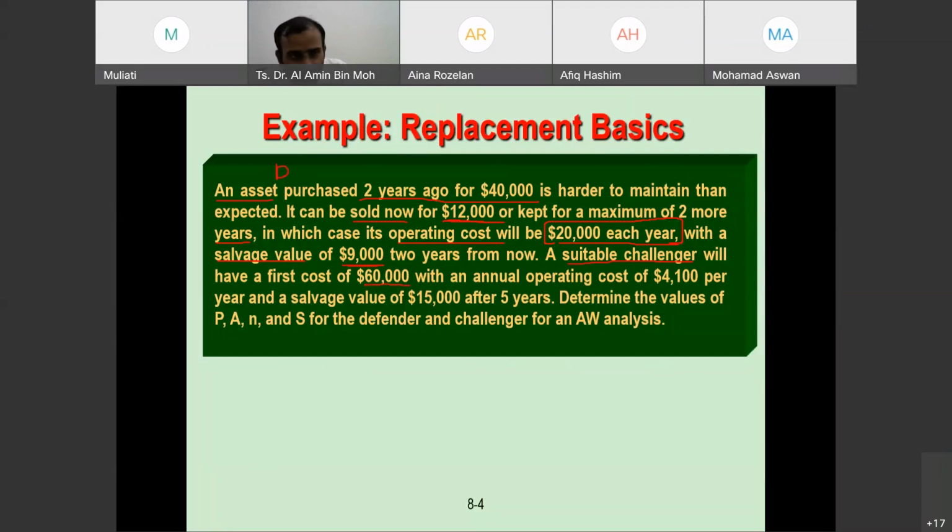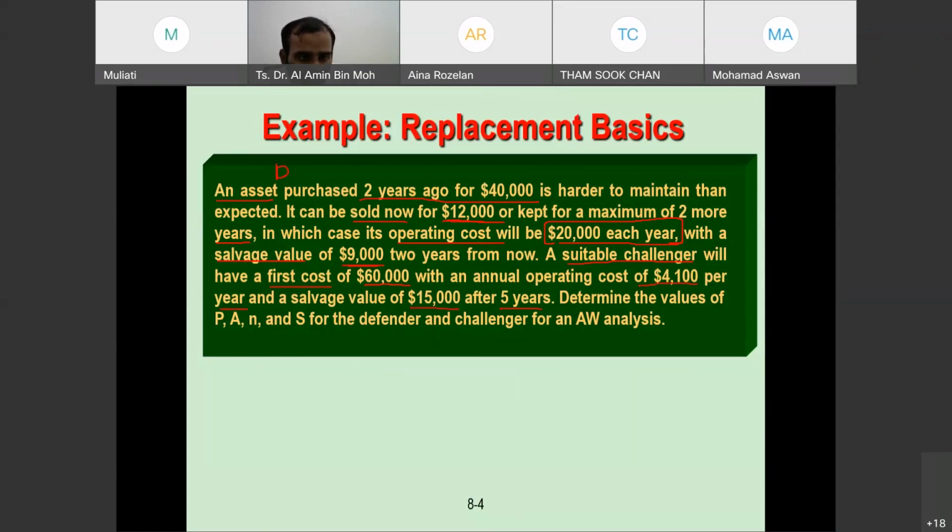When they say first cost, we know this is P. First cost is always P. With an annual operating cost of 4,100 per year, this is A, and it also has a salvage value of 15,000 after 5 years, so it can be used for 5 years.